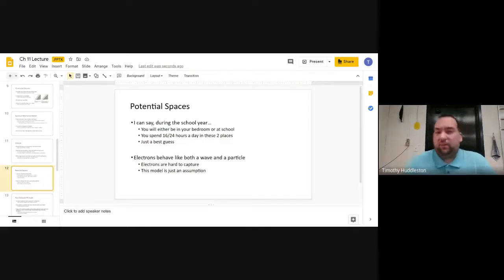So an example of this, to help you understand, I can say during the school year, now if this is during COVID time, I will tell you that this might be a little bit different. You will either be in your bedroom or at school, because you spend 16 out of 24 hours a day in these 2 places. It's just the best guess, right?